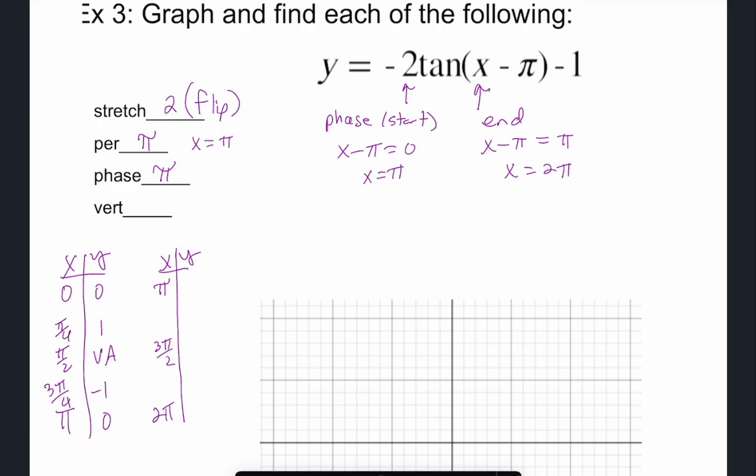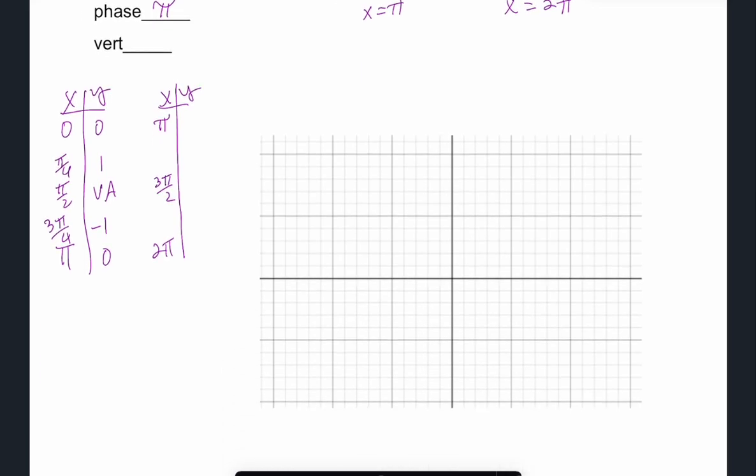Now let's go to our graph paper and use that as a breakdown. So let's make this pi. Let's make this 2 pi, because we need to see pi and 2 pi on our chart. So the middle value we found was 3 pi over 2.